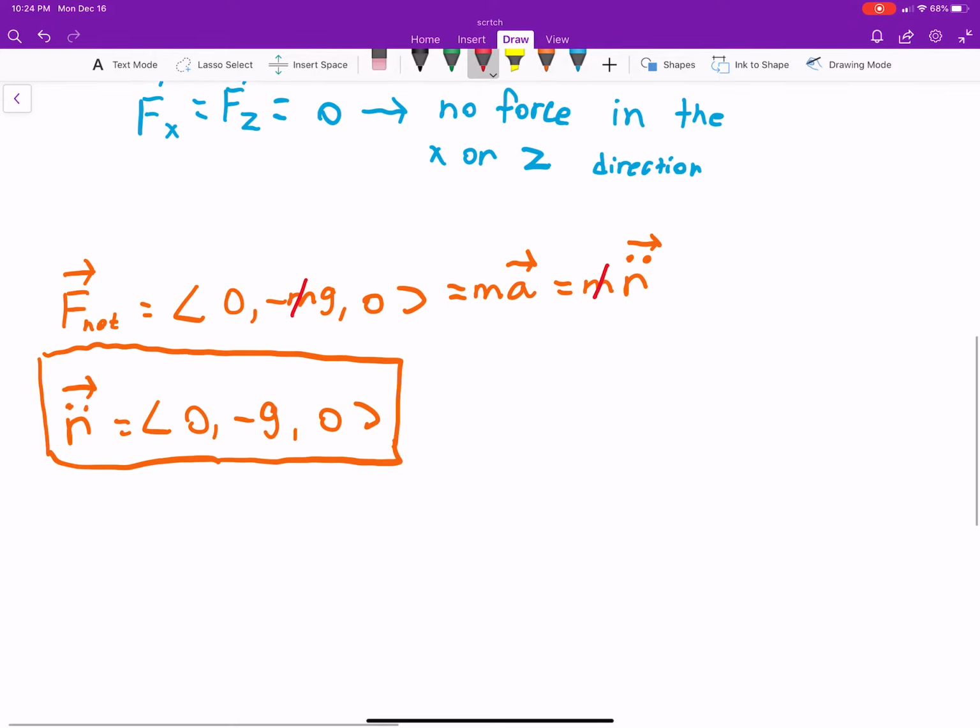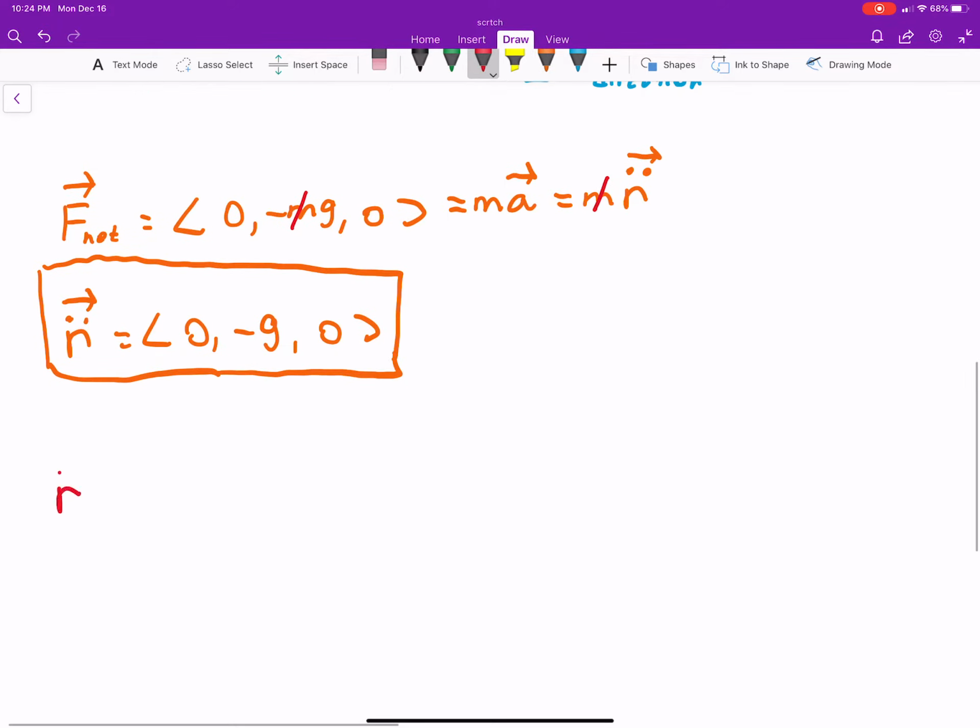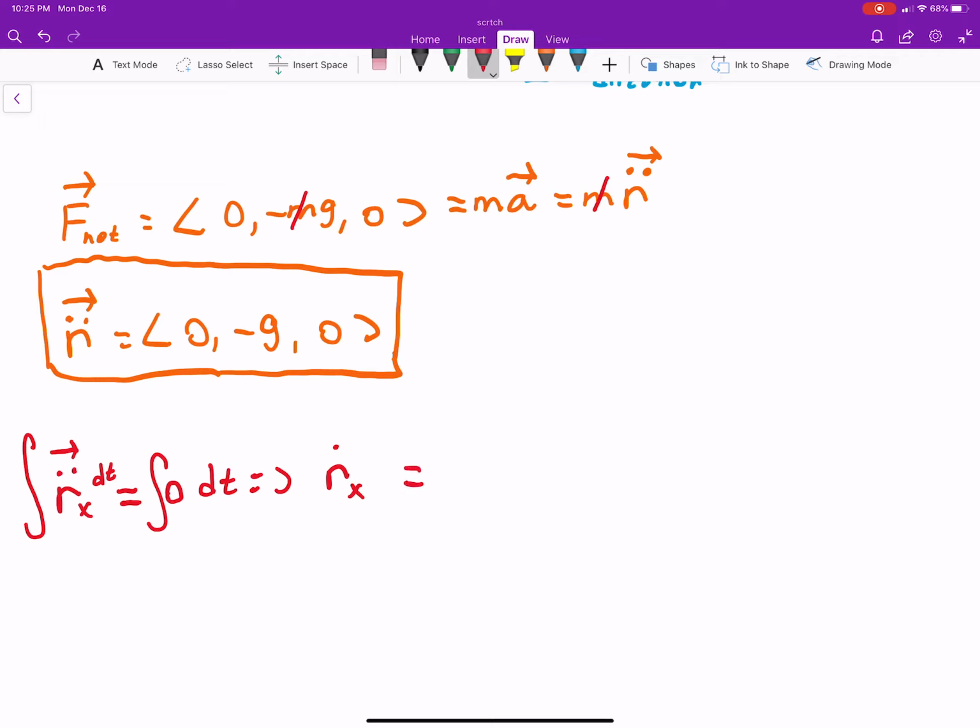And let's write this out. So the second time derivative in the x direction is equal to 0. And if we integrate this with respect to time, you'll get r dot x is equal to 0 plus our constant c. Well, what do we know?